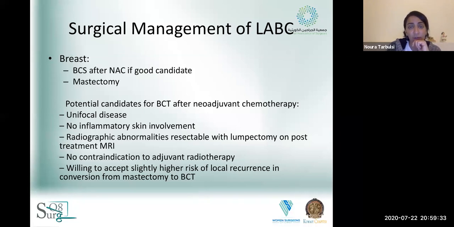But if they have unifocal disease and they had good response documented on post-treatment MRI, I think they have a very fair chance in terms of local control compared to mastectomy candidates.